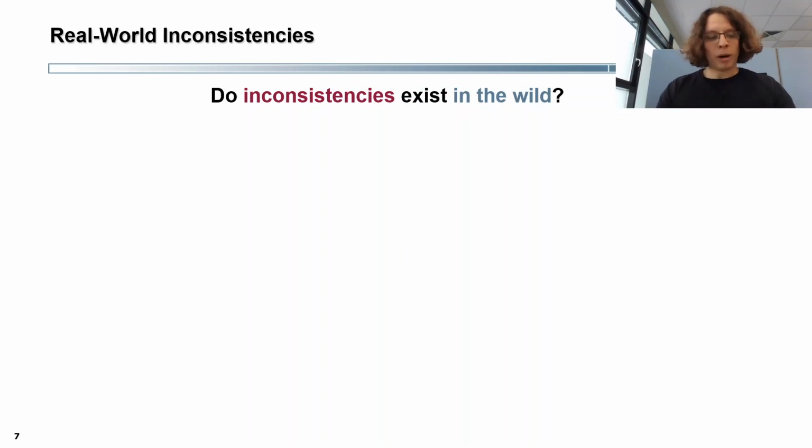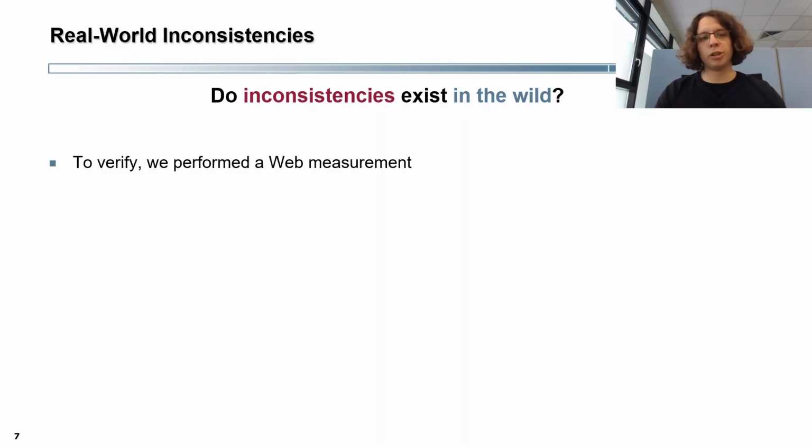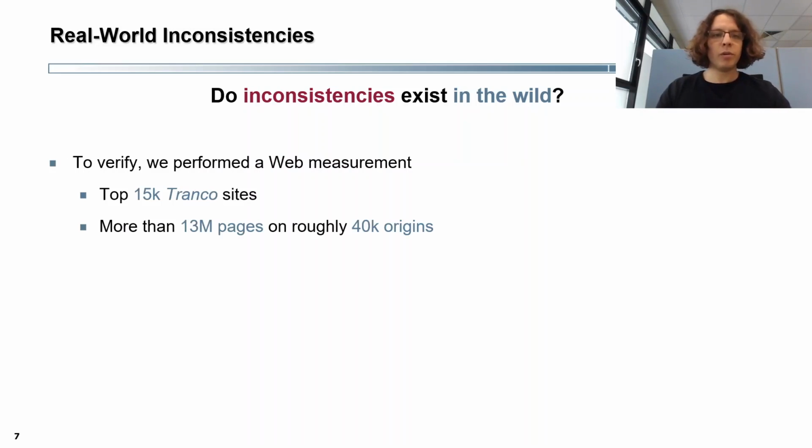Now, while we have this definition, one could wonder, do they really exist in the wild, or is this maybe just something that we came up with? To dive into this, we performed a web measurement, which is probably a quite natural way to understand if this really exists. What we did is also quite straightforward.